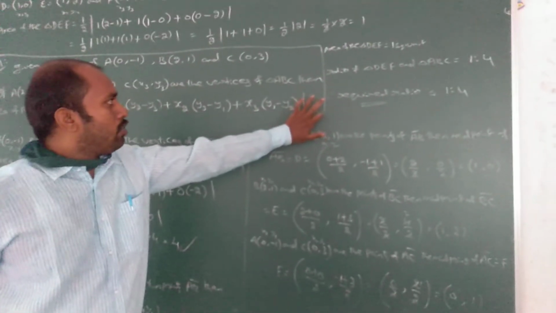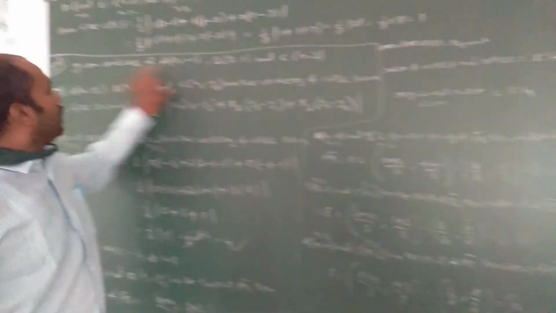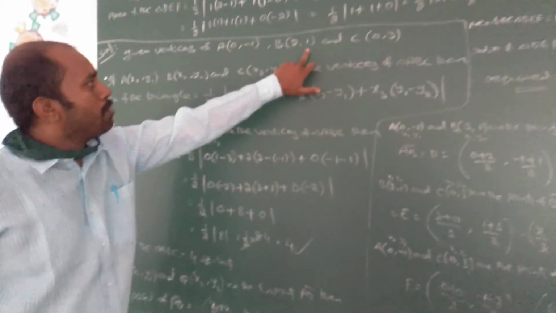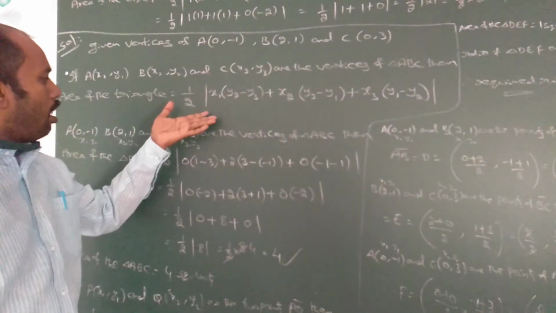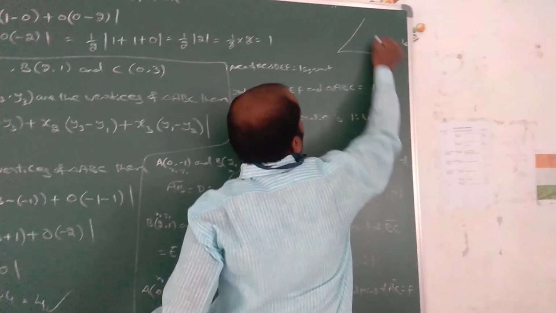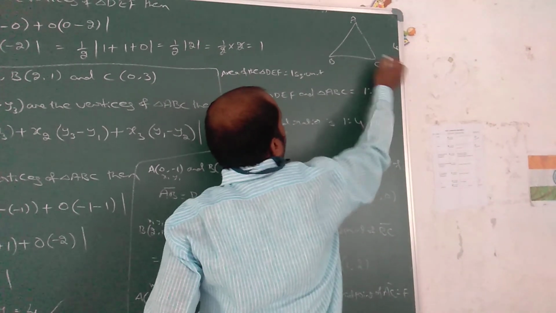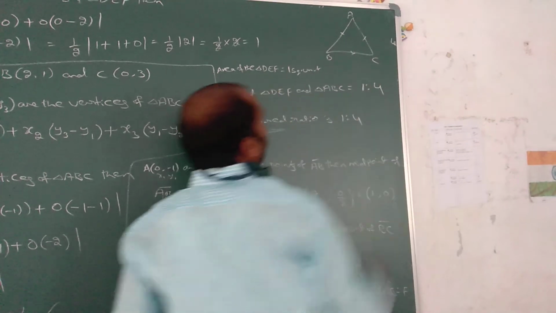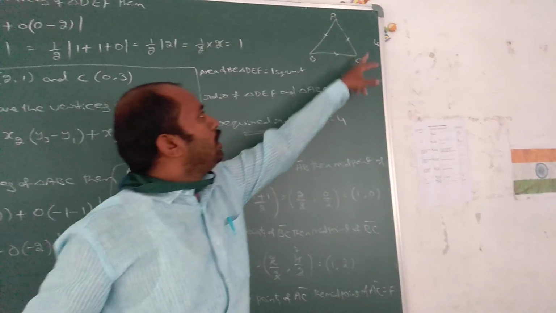What are we doing here? First, given triangle ABC, find the ABC area. After the ABC area, next, once again on ABC, find the midpoints of AB, BC, AC.